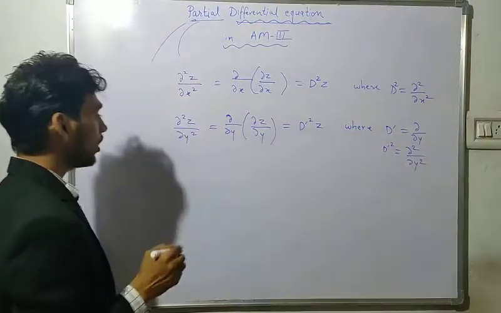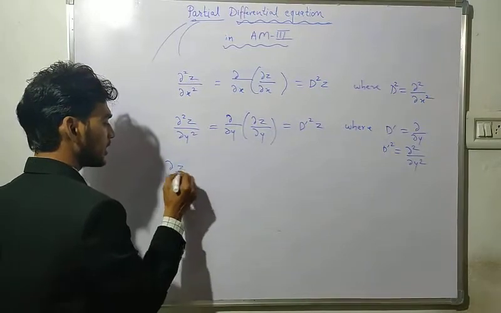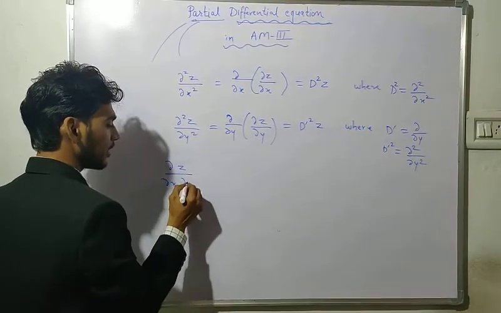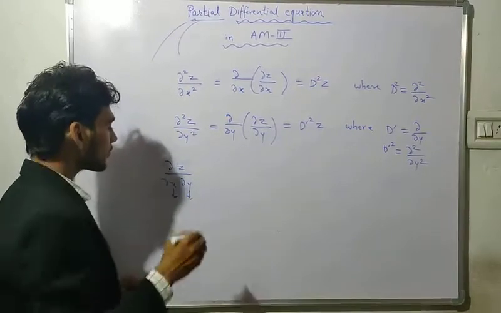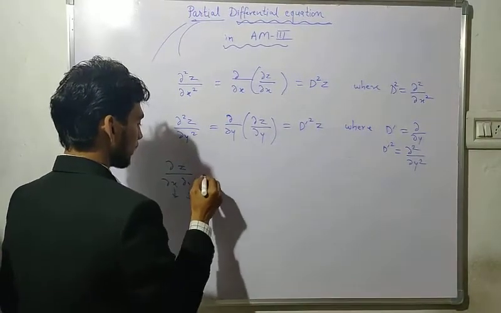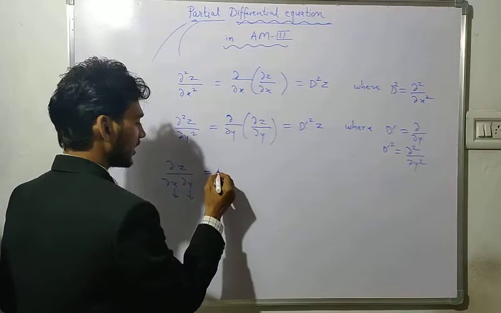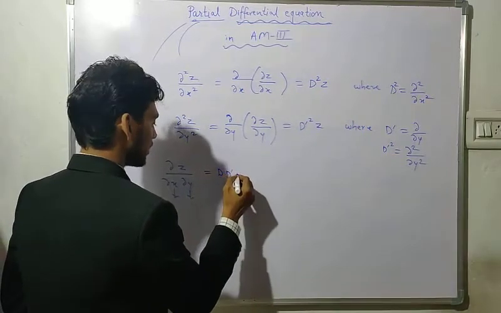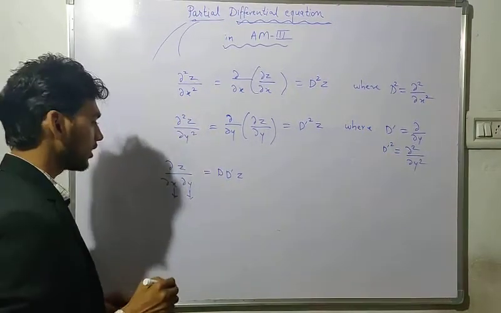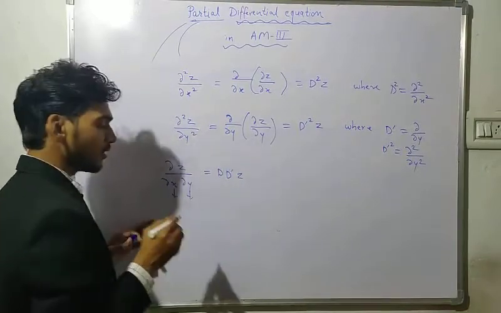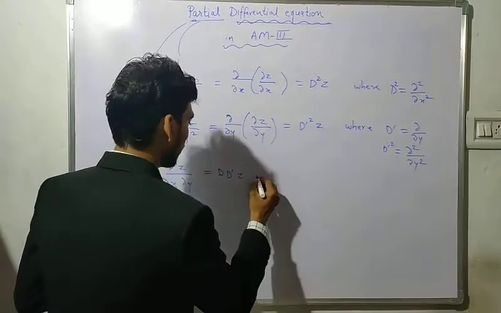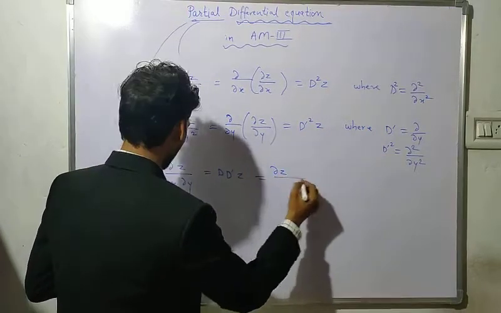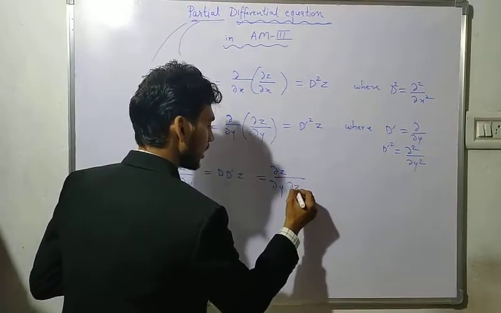There is one more symbol or notation, that is del 2 z by del x del y, the mixed partial order derivative in x and y. So here we can write it as D D dash z. We will consider del 2 z by del x del y, and it is also equal to del 2 z by del y del x.